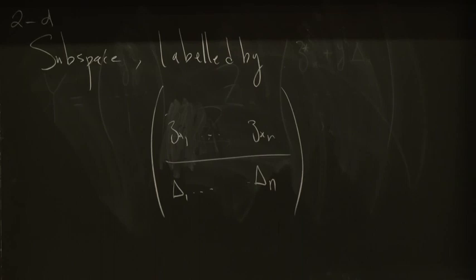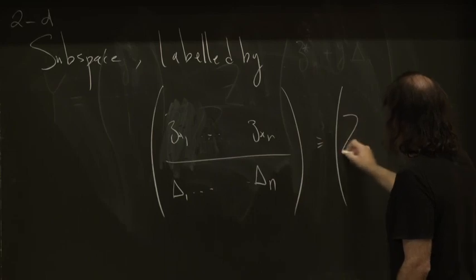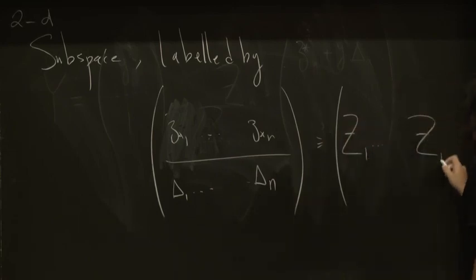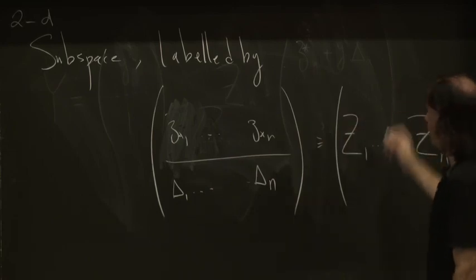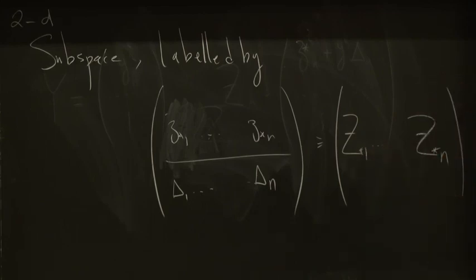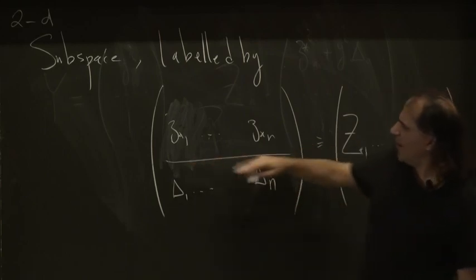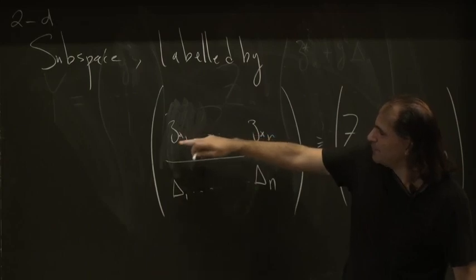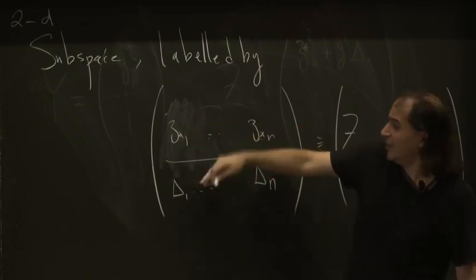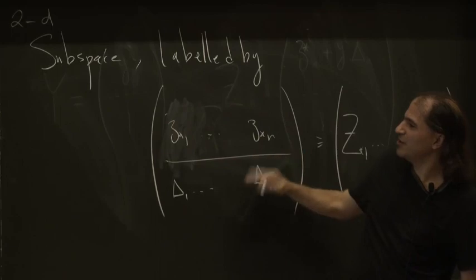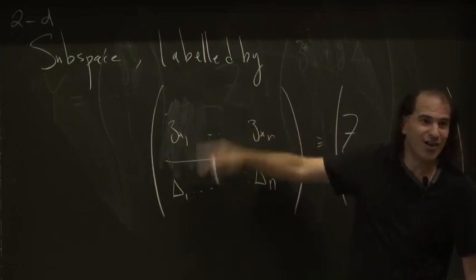I can think of this as associated with n three-dimensional vectors, which I'll call big z star 1 up to z star n. That's the data, and it's some fixed data to specify this fixed hyperplane. And notice precisely that the freedom to move z star in the direction of delta just means that I don't just have SL2 transformations, I have full SL3 invariance on these.